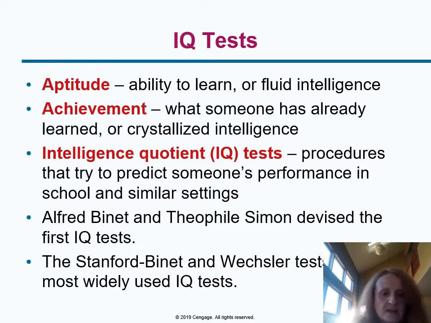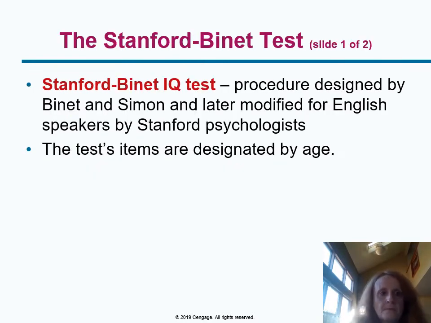Alfred Binet and Theophile Simon devised the first IQ tests, and the Stanford-Binet and Wechsler tests are the most widely used IQ tests. The Stanford-Binet tests. Binet and Simon were two French psychologists. They developed a procedure that was later modified for English speakers by Stanford psychologists and published as the Stanford-Binet IQ test.